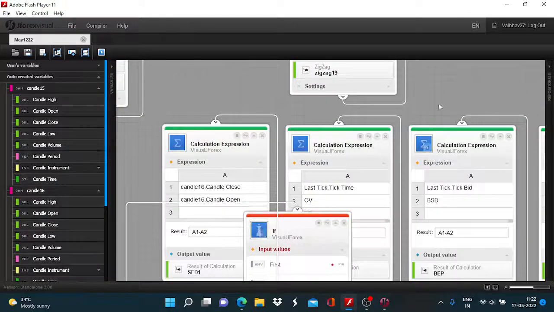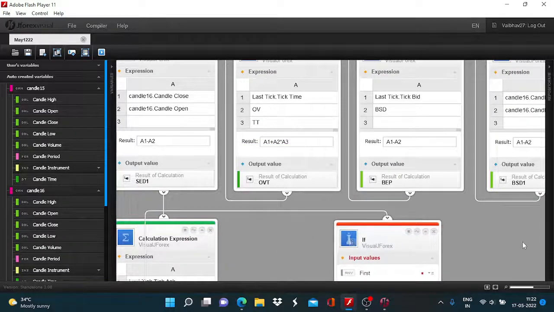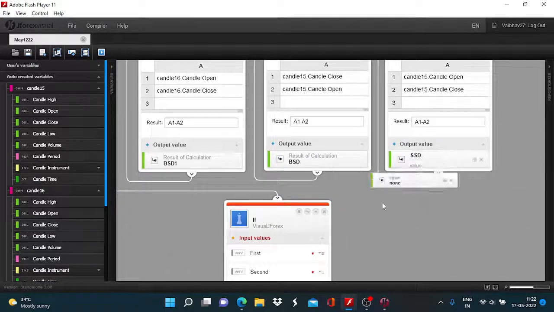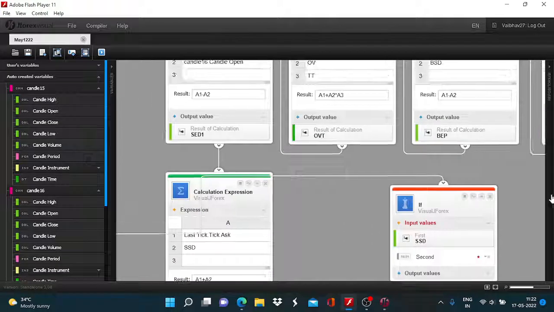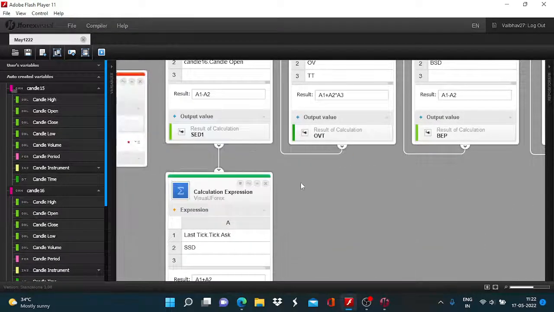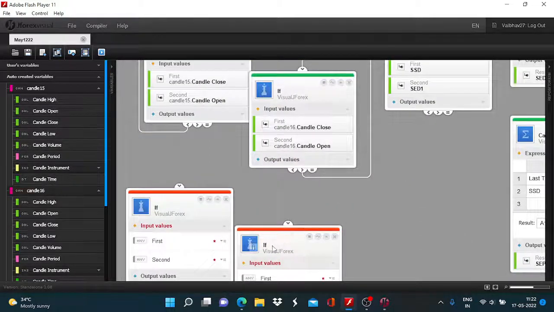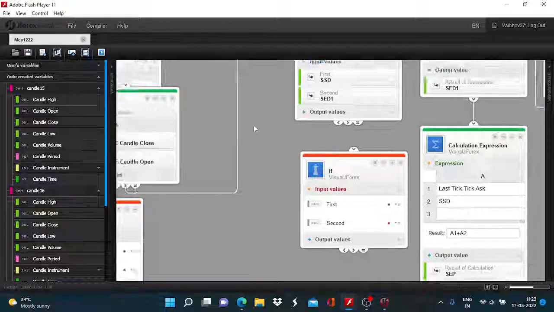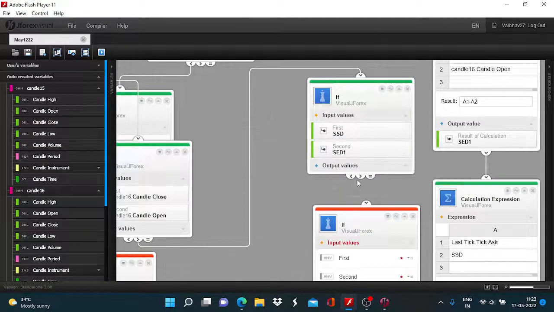So we have to now consider SSD1 and SED1, and here the first input needs to be greater than second input.